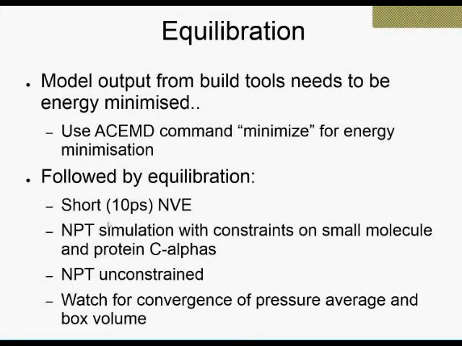Once that has occurred, then you change to NPT unconstrained, remove those constraints, and allow the protein to relax slightly. And at that point, the equilibration is complete, and you have equilibrated structures which are ready for the production simulation.